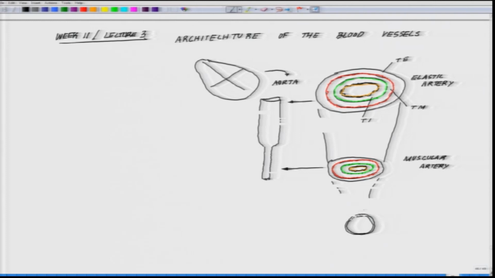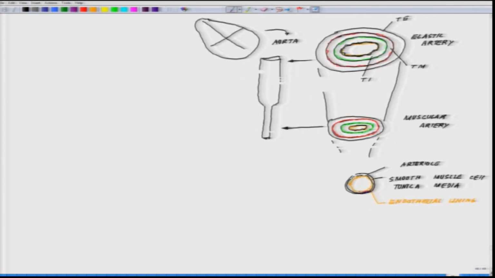So, essentially what you have here is smooth muscle cells, that is tunica media, smooth muscle cell, tunica media, and you have the crinkled endothelial lining, and you have the basement membrane on which the endothelial lining is sitting.